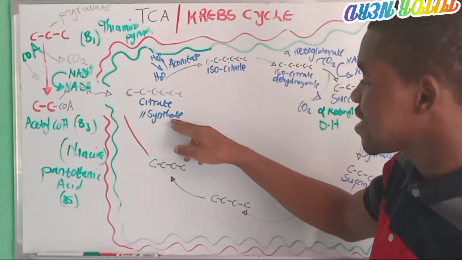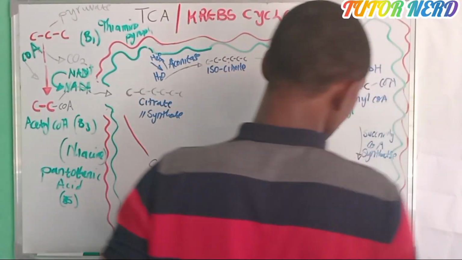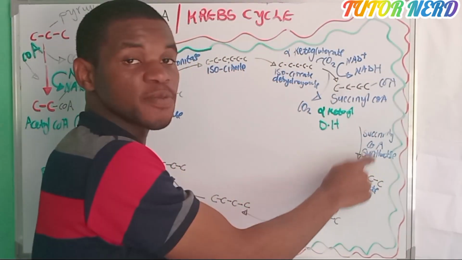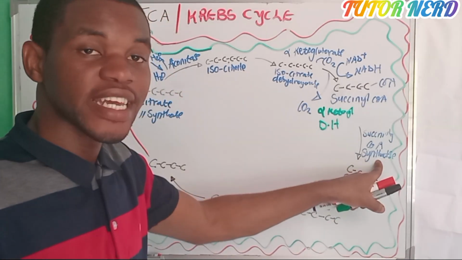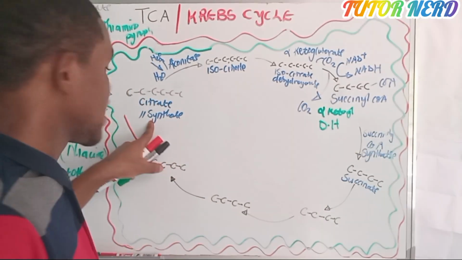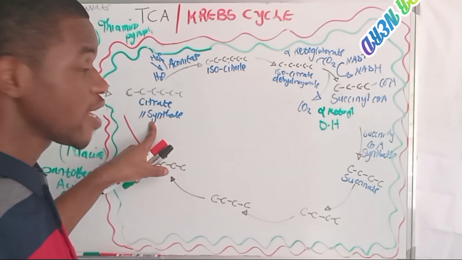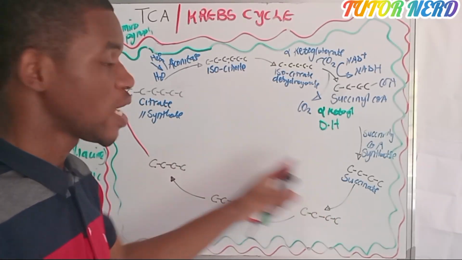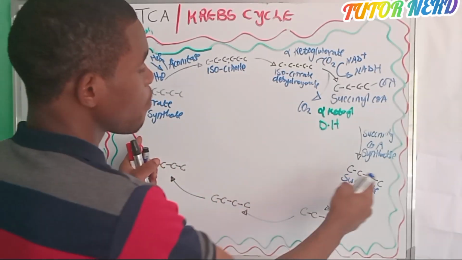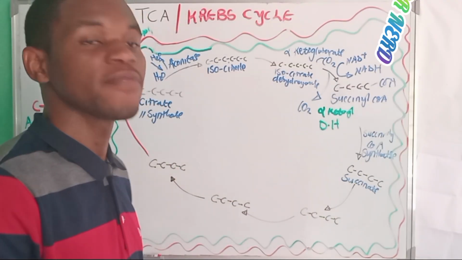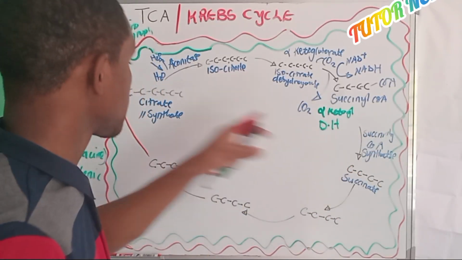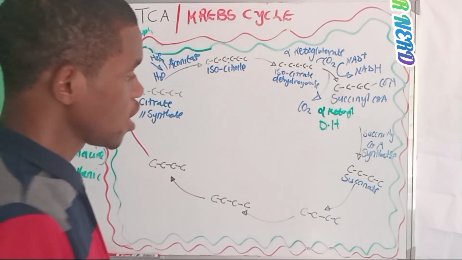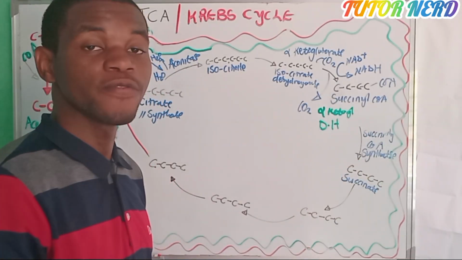So synthase is producing, and even synthetase is producing. The only difference is that synthetase is using energy, while synthase is not using energy. No wonder there's a difference in names, but they are both producing something. So this one is actually involving energy.